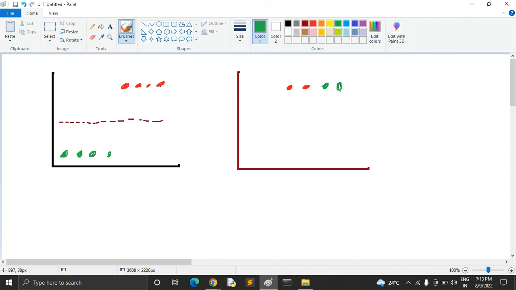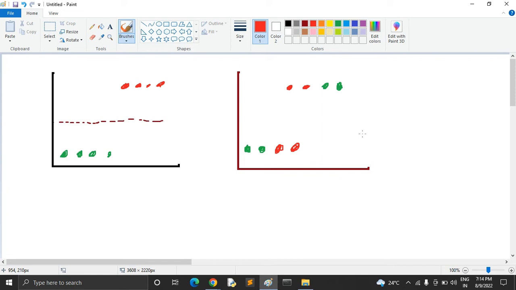So there are two impurities over here. I will not say it is an error, but these are impurities. This category has a mixture of two classes, so this class is impure. Similarly, we have the class green, but the green class also has some amount of impurity in it. There are some data points which belong to class red.